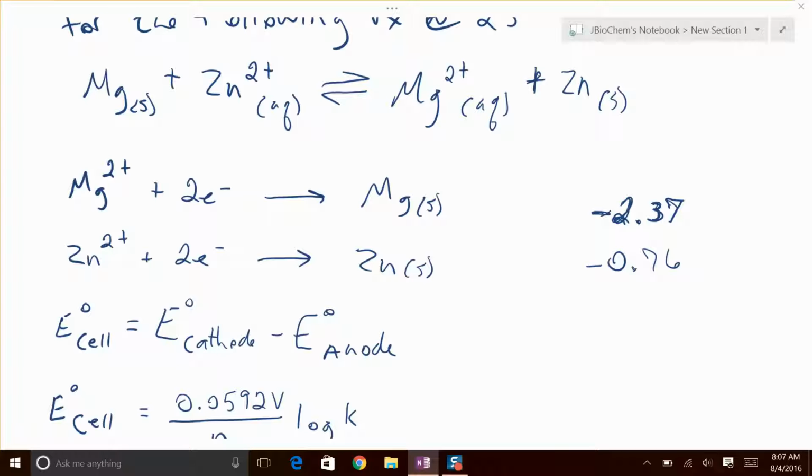Yes, the solid magnesium has to react with the aqueous zinc to form the aqueous magnesium and the solid zinc. Yes, it's written correctly. So what you're asking is, do I need to reverse one of these? And the answer is no, you don't. You still use them as they are.